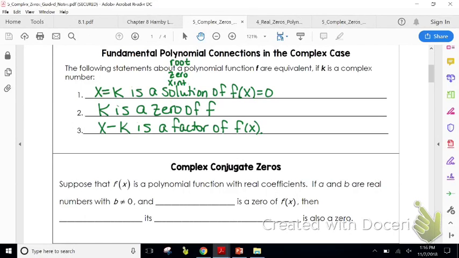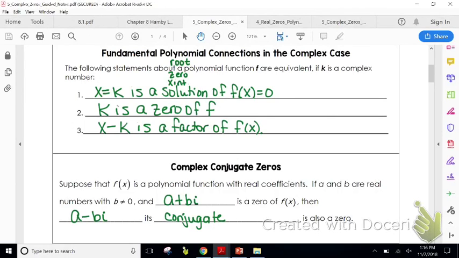Alright, the complex conjugate zeros says suppose that f of x is a polynomial function with real coefficients. If a and b are real numbers and b is not equal to 0, and a plus bi is a 0 of f of x, then a minus bi, its conjugate, is also a 0.